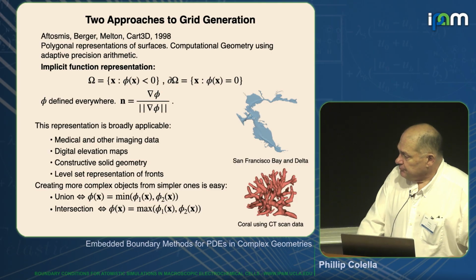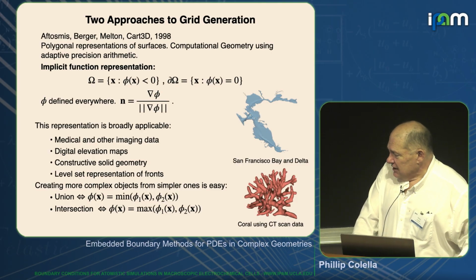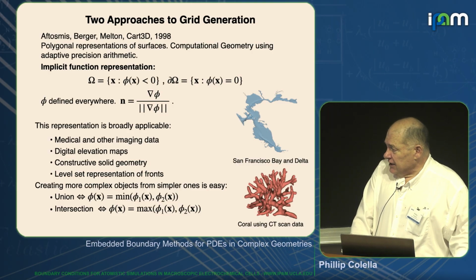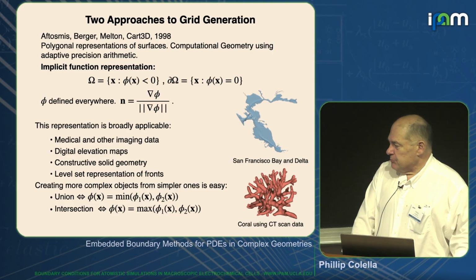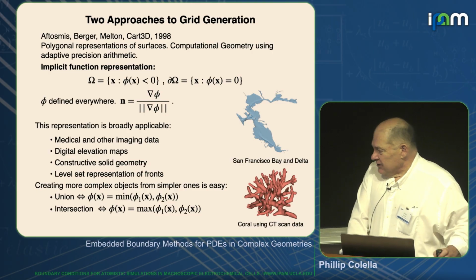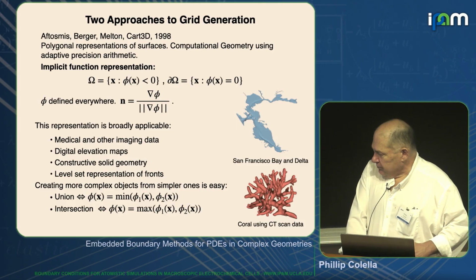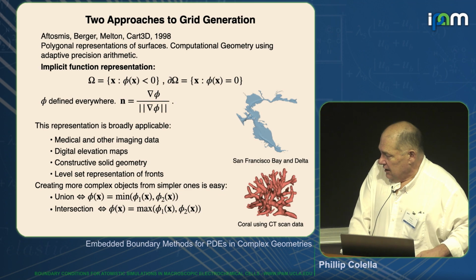Okay, now, the other thing about implicit function representation is that creating more complex objects from simpler ones is easy. And I'm going to put in a proviso, easy should be viewed as being in quotes, because there's a little bit of a problem with this that we fix, but you have to fix it.